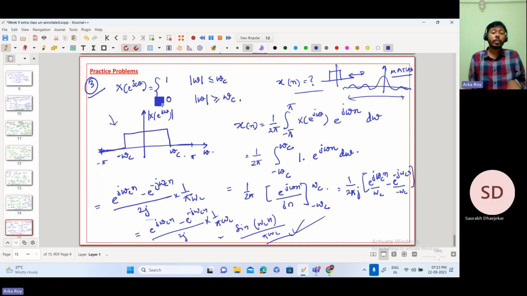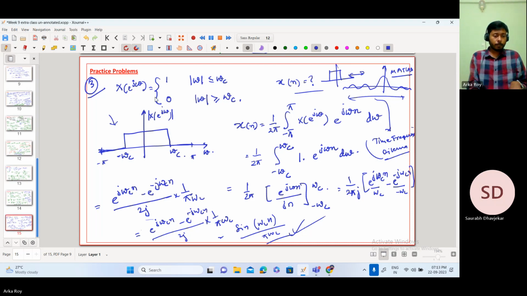This is called the time frequency dilemma. Later in signal processing, you'll see the applications of these things very well.